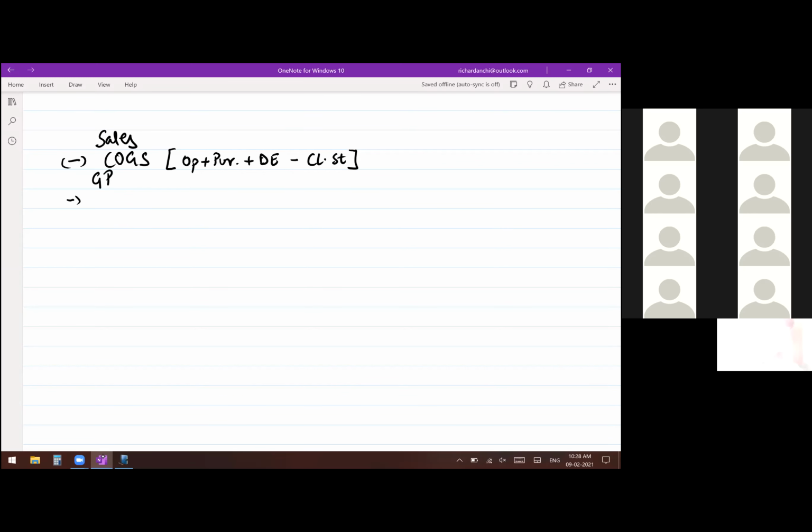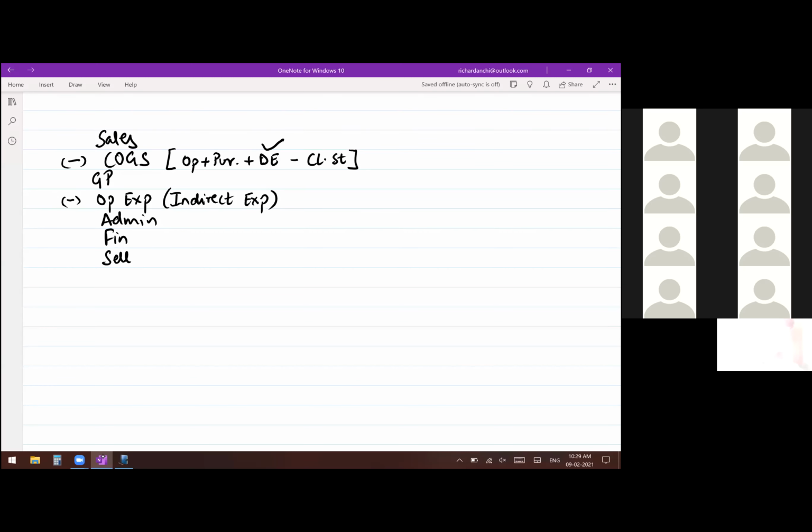Then from gross profit, you minus all your indirect expenses or operating expenses. Operating expense, also known as indirect expense, because direct expense, if you see, is there on top in the trading account. Indirect expenses are all those which come in profit and loss account. They were divided into 3 types: admin, finance, and selling expenses.